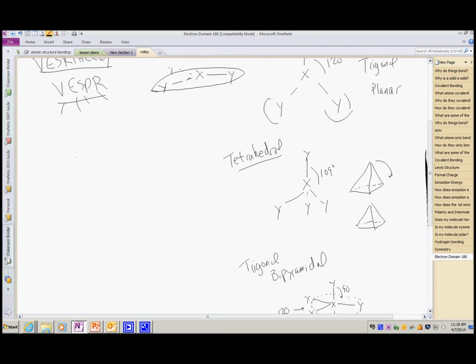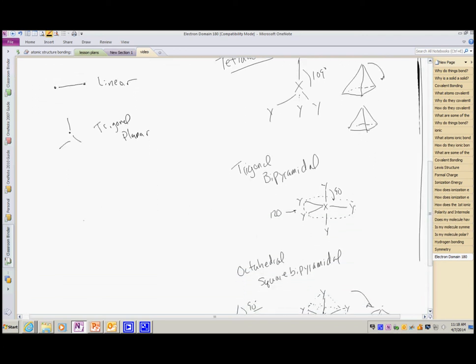So a quick recap, we have simply linear. We have on a flat plane, trigonal planar. We have a little pyramid looking guy called tetrahedral.